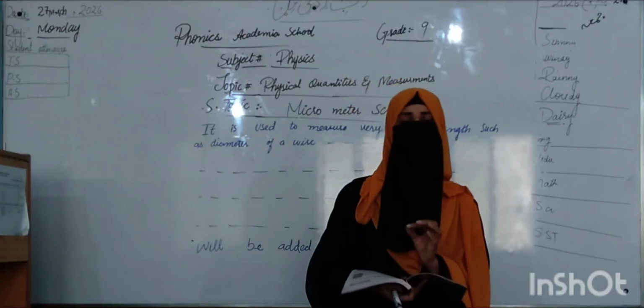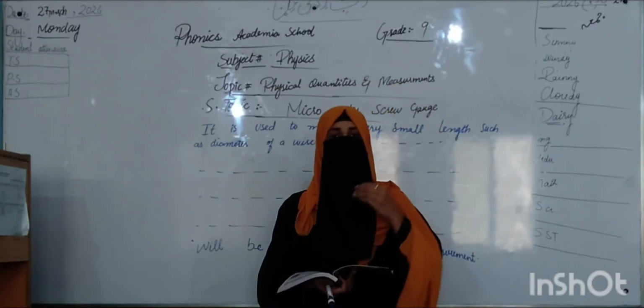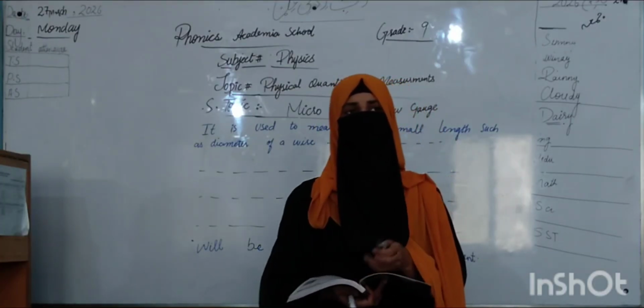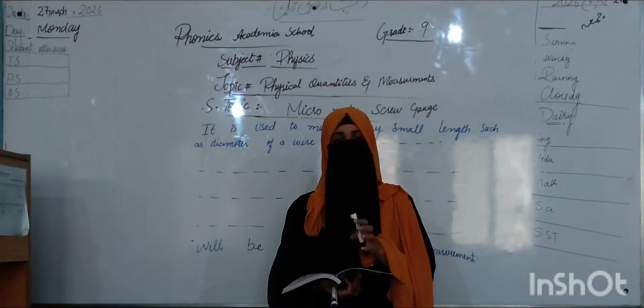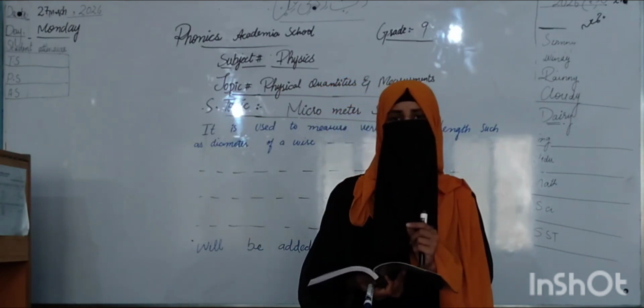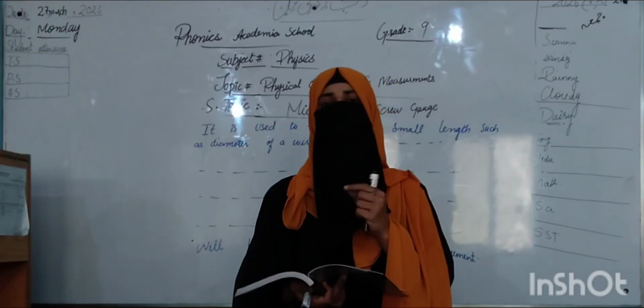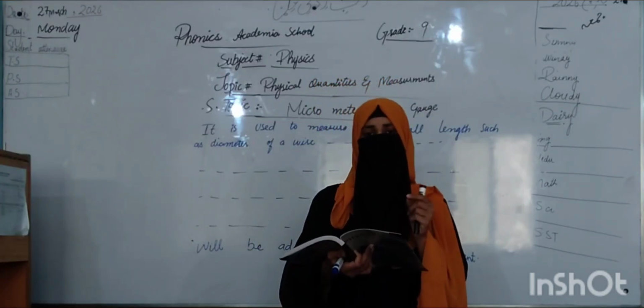Like how sandooks are made of steel sheets. This steel sheet is very thin, and we measure its thickness with the help of a screw gauge.